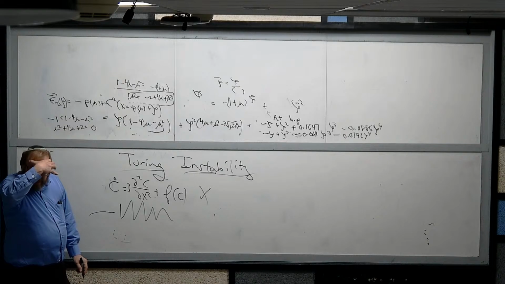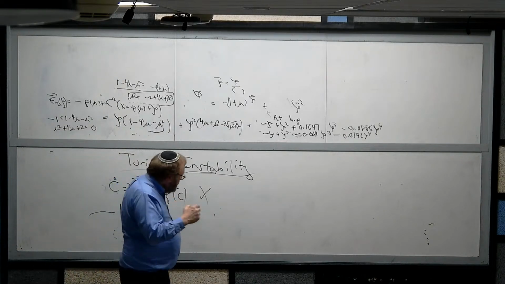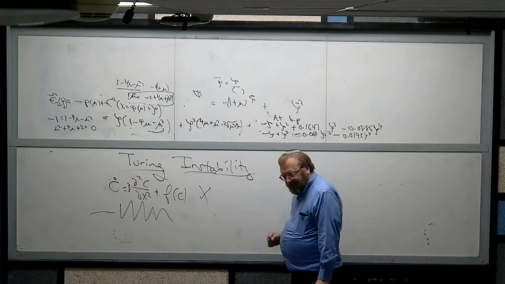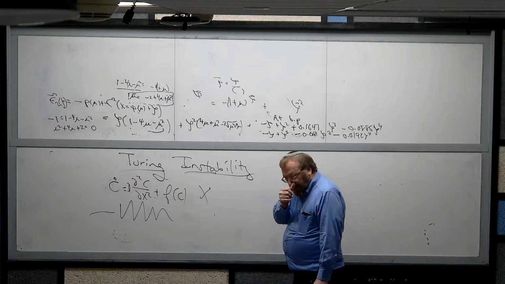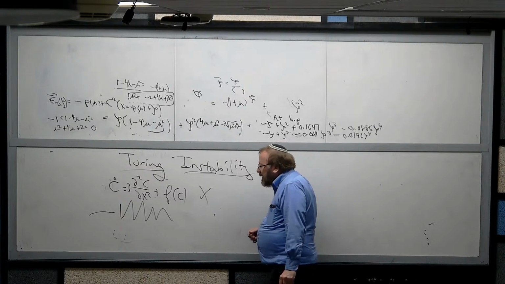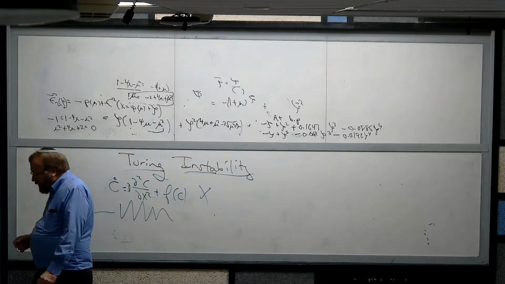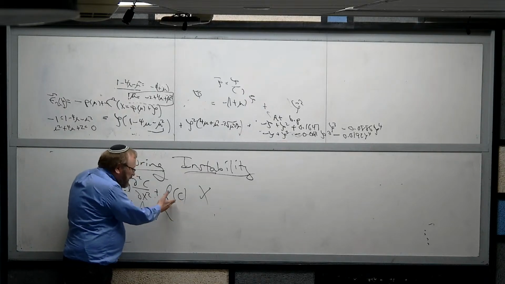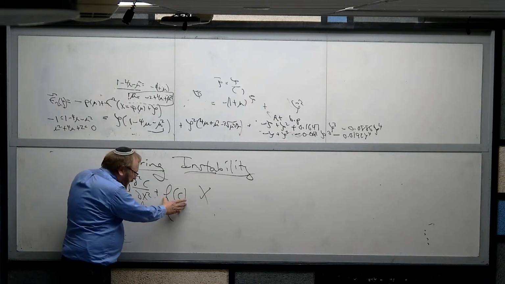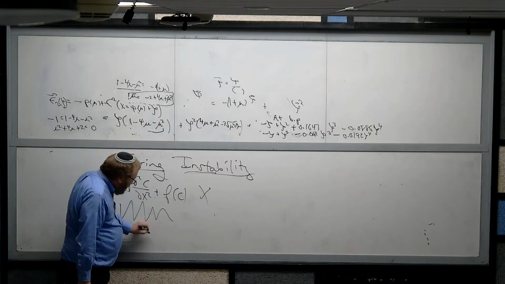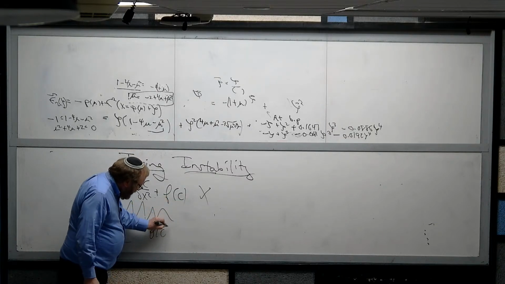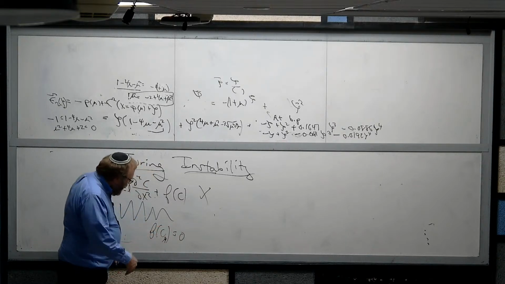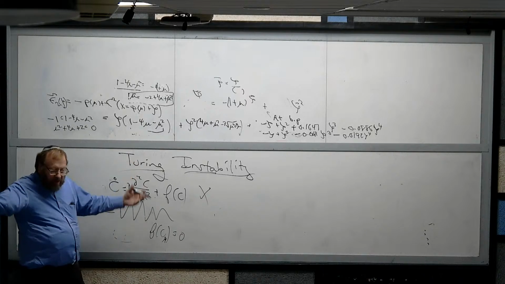You need another linear term or something? No, you need another field. It turns out you need two fields, like x and y. The idea is, let's assume that f of c has a fixed point, f of c star equals 0, and let's assume it's stable, because otherwise it's just going to blow up.